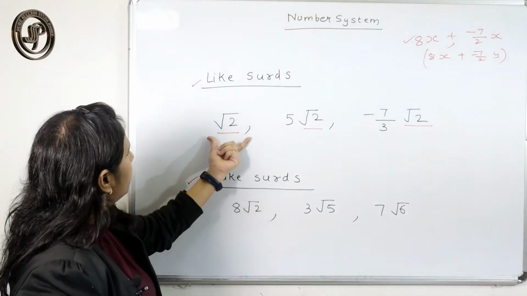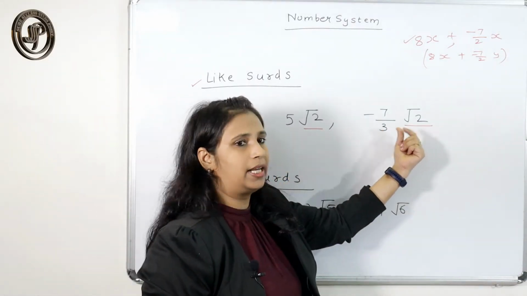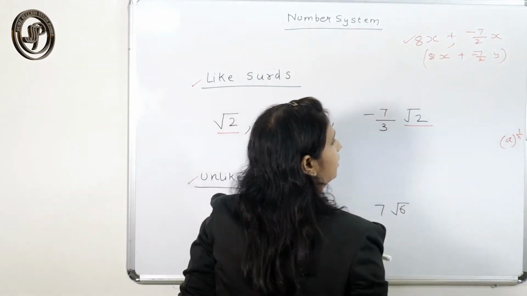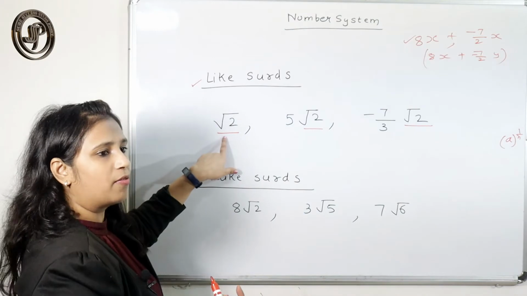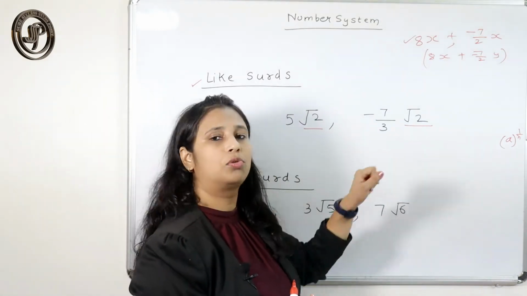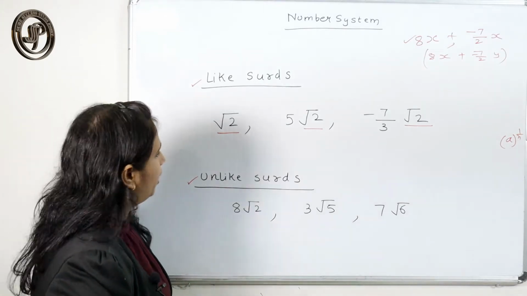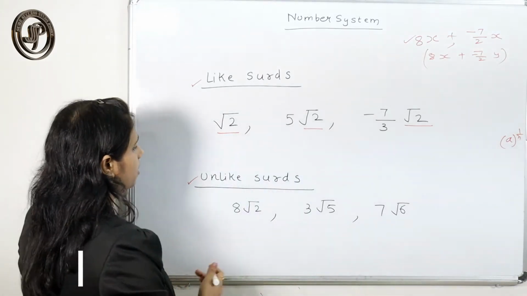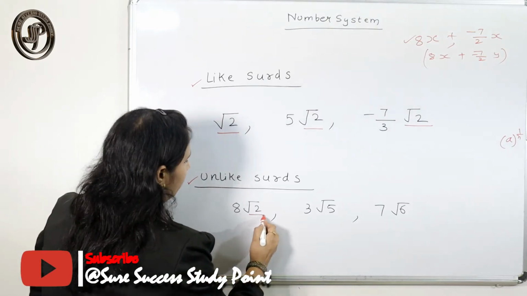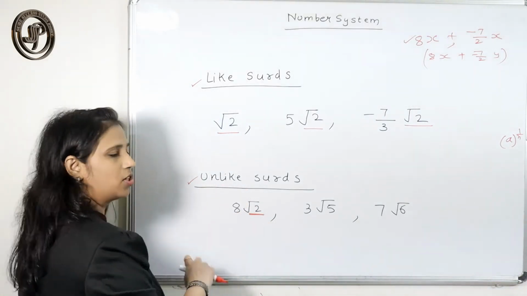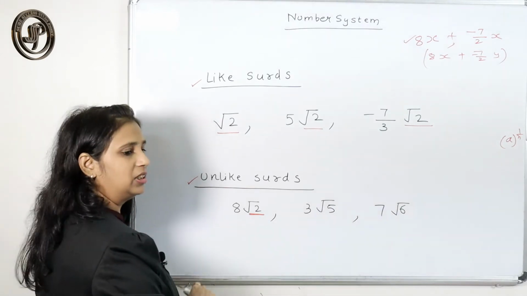Surd means your a raised to power 1 by n is the same. Here 2 raised to power 1 by 2, 2 raised to power 1 by 2, 2 raised to power 1 by 2. Then the surds are called like surds. And unlike surds, if this is a surd, you know that it is an irrational number. 2 is an irrational number, so this is a surd.